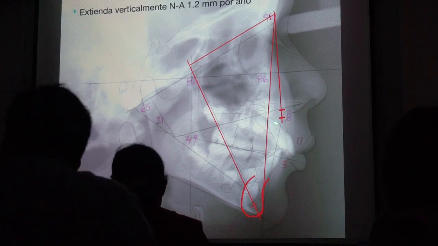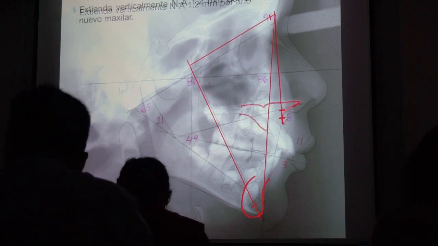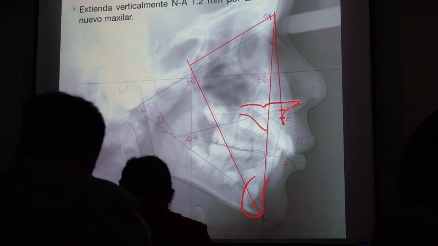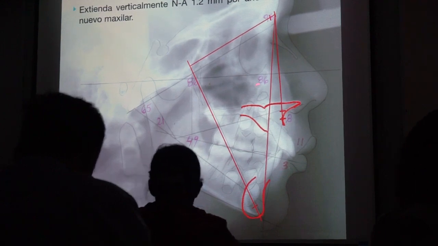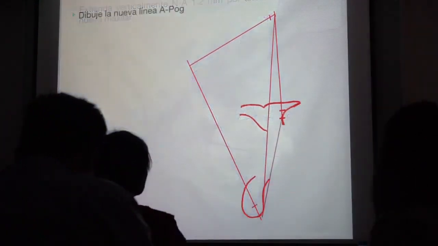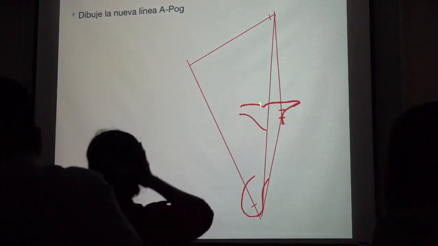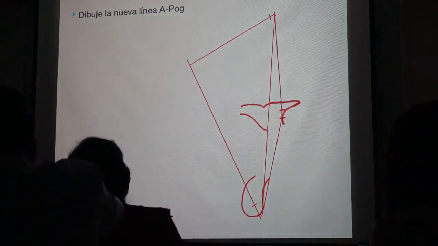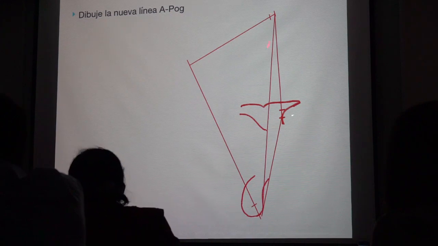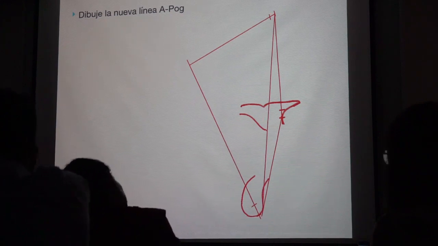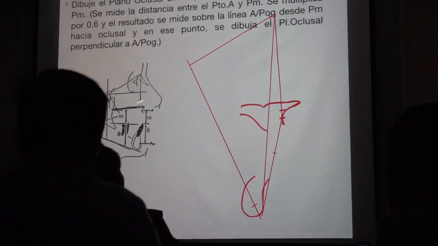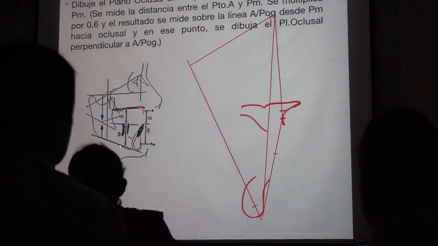Then you go up. Sau đó you draw the maxilla. Then you have maxilla and you have mental. Then you can have the nasion pogonion facial plane. You can have the apogonion. And then divine proportion.